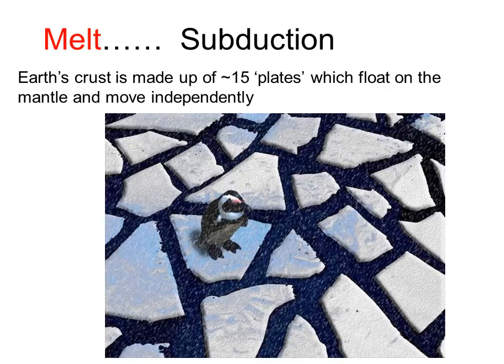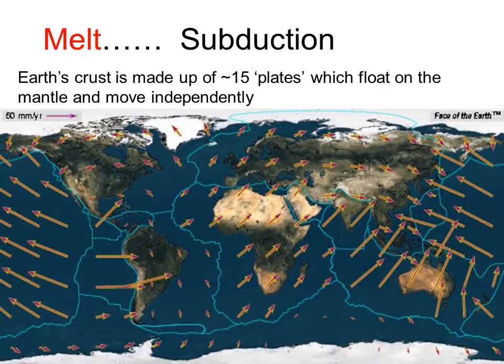And the plates jostle one another like pack ice in the Arctic Ocean. In some places they move apart, in others they override each other, or simply slip past one another. In the map, the red and yellow arrows show this variability in direction and speed of movement. The length of the arrows is proportional to the speed of the movement of the plate in that position.